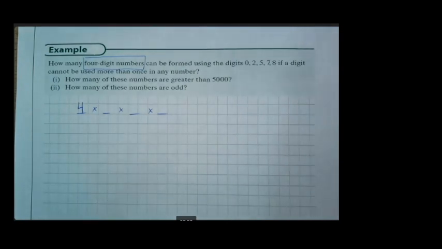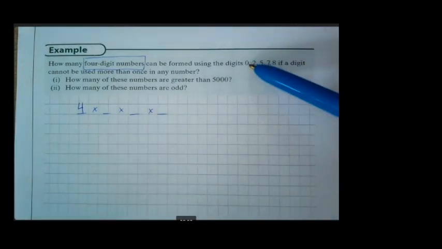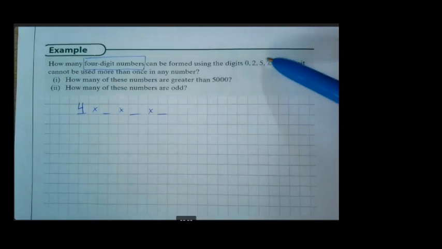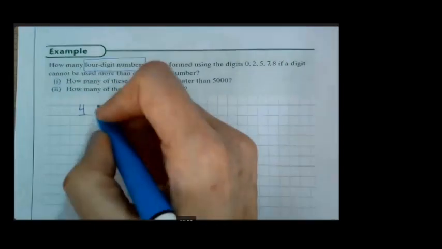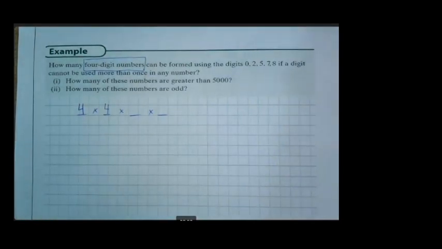Now, one of those numbers is in place. We cannot use it again. So now how many options have I got for the second position? Well, now I could have a 0. It's okay to have the 0 now in the second position. Only one of the numbers has gone into that first position, which then leaves me, including the 0, 4 options for that second position.